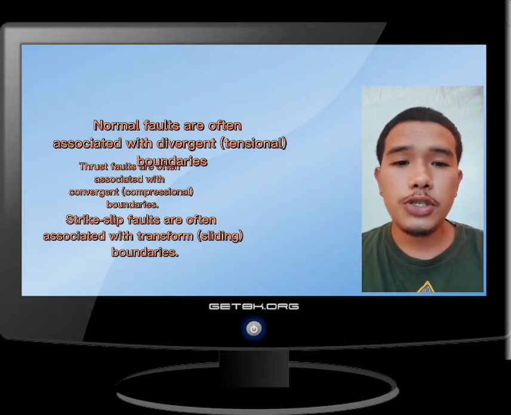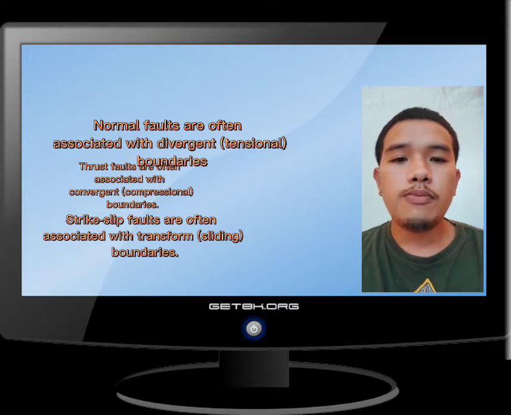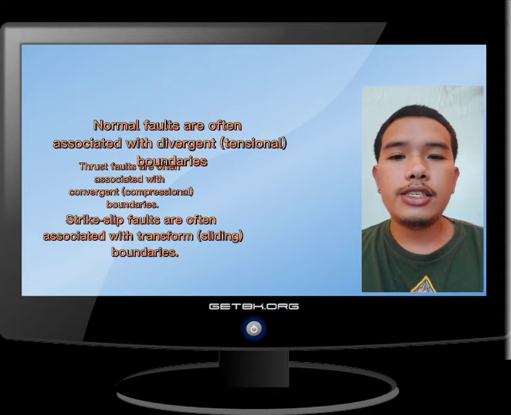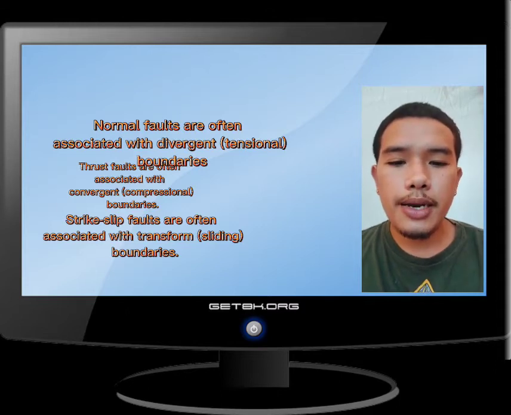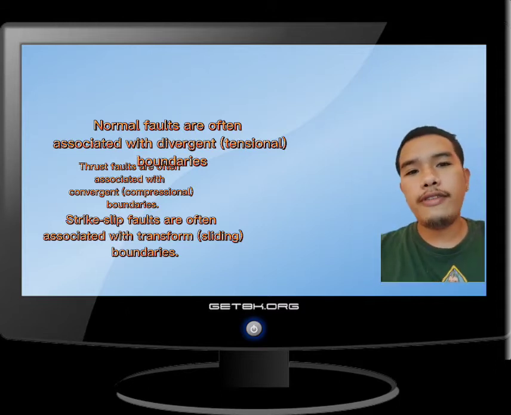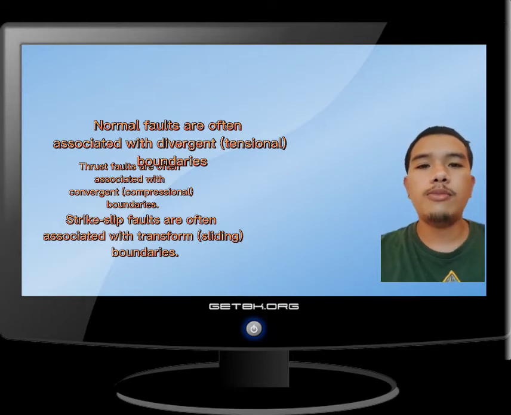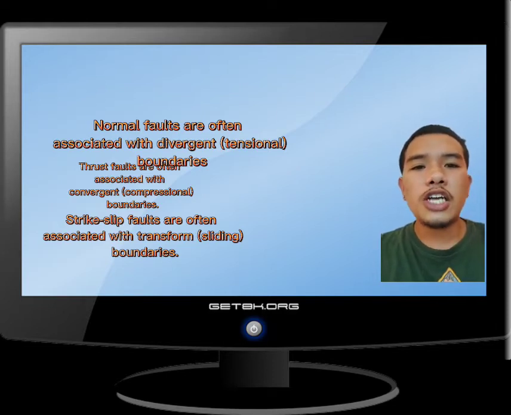These are associated with a convergent plate boundary and caused by subduction of the North American plate beneath the eastern edge of the Caribbean plate.